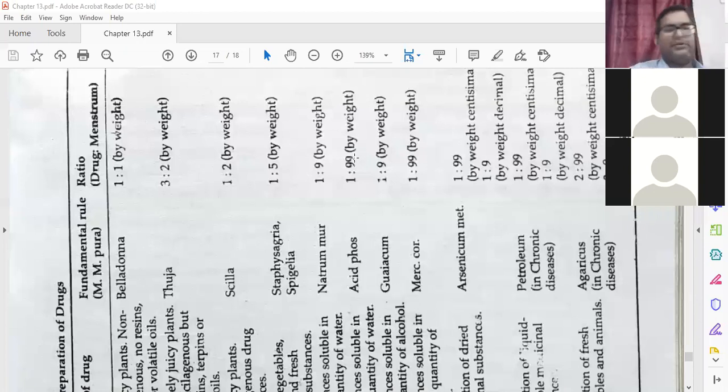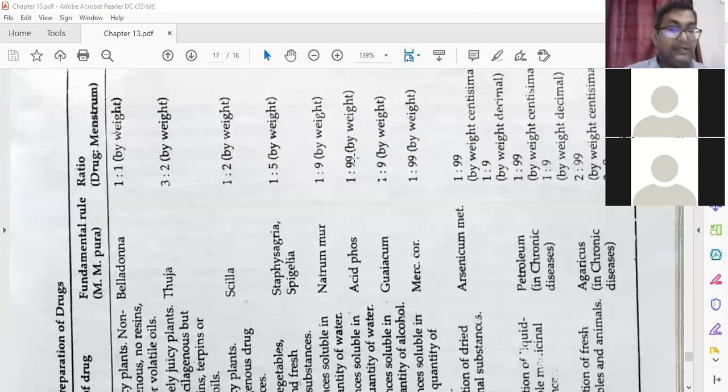If you have the book, just see it in the book, otherwise you have to turn your screen. So first we will see this table. The table is Hahnemann's method of preparation of drug. Hahnemannian method of preparation of drug.